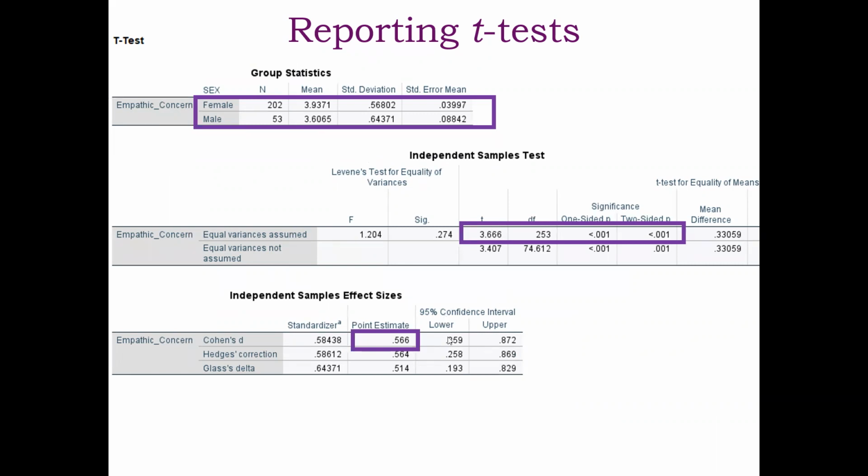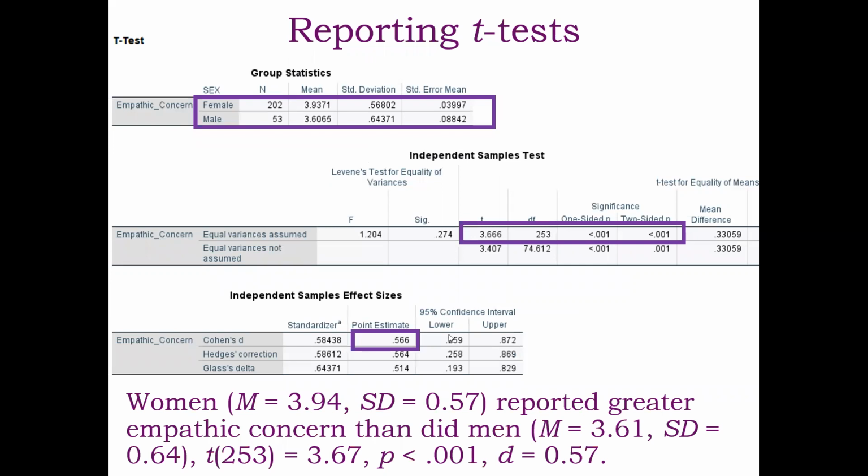We also have a confidence interval for Cohen's d there. And here is our statistical jargon way to talk about it. Women, and we say the mean and standard deviation, reported greater empathic concern than did men, mean and standard deviation, then our t, p, and d. In plain English, women had greater empathy than men. Women show greater empathy than men do, all right?